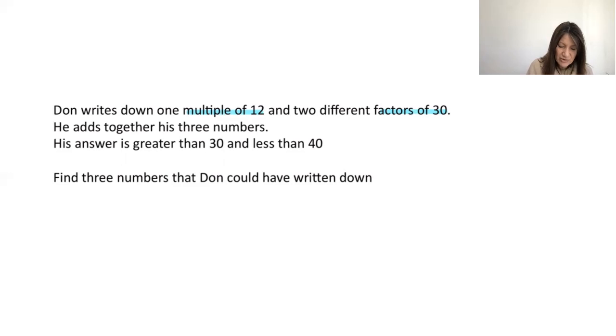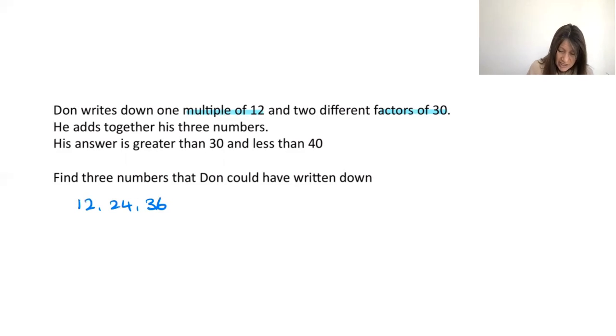So the first thing to do here really is to think about our multiples of 12. We've got 12, 24, 36. The number has to be greater than 30 and less than 40. So the next multiple of 12 isn't going to count because it's going to go over that 40 anyway. So those 3 might help me with this problem.